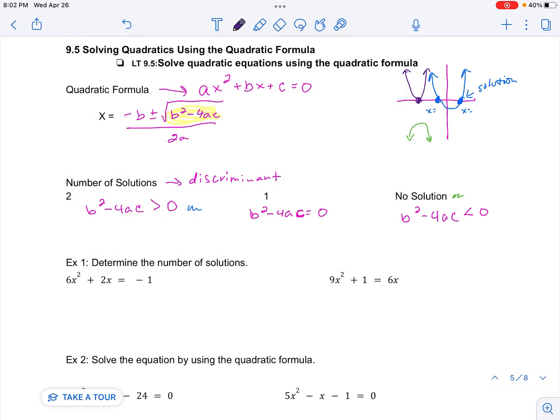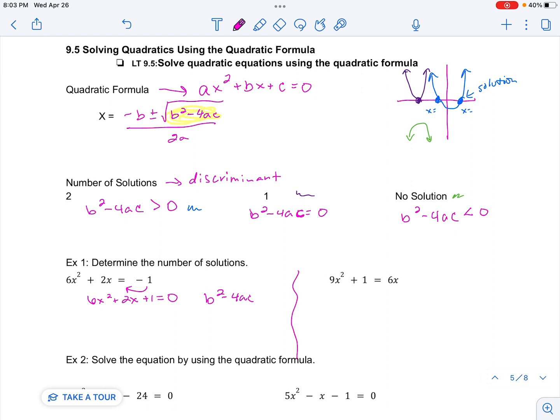Moving on here, example 1, determine the number of solutions. In order to use your discriminant, you must have it in the standard form where it equals 0. So right now that 1 needs to be moved. So we have 6x squared plus 2x plus 1 equals 0. We need to figure out b squared minus 4ac.